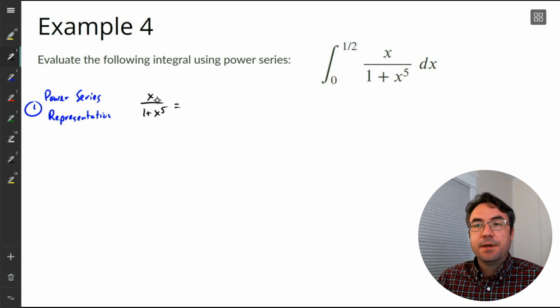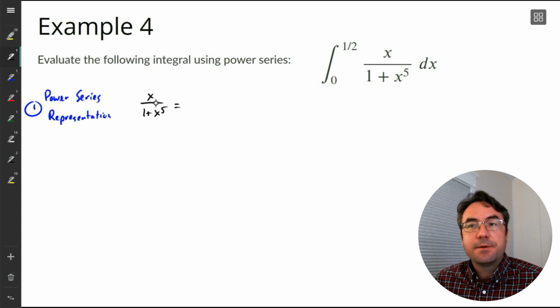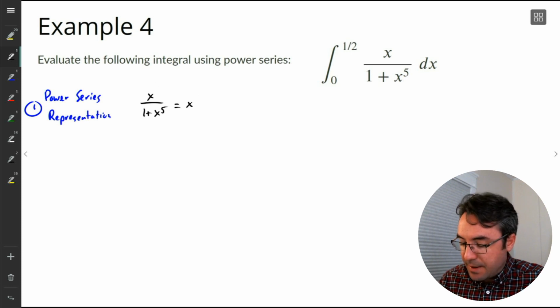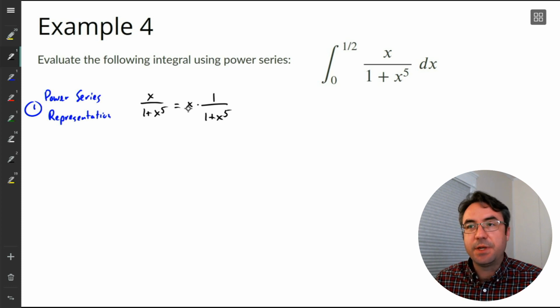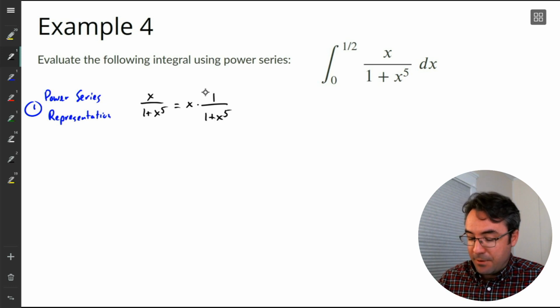And when we have x terms in the numerator, our common strategy is, let's break that x off. We can deal with that multiple later. So we can write this as x times 1 over 1 plus x to the power 5. And why do we do that?